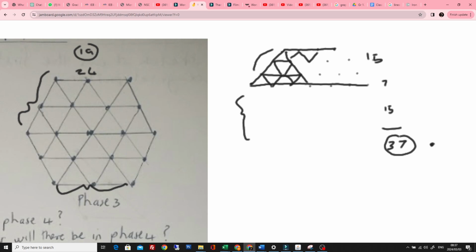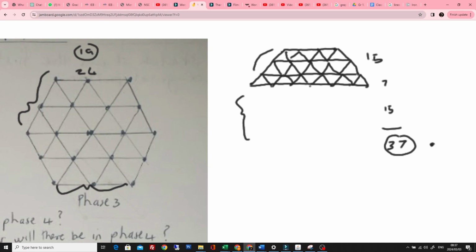I'll just zigzag quickly across. And then from here, and then from here.